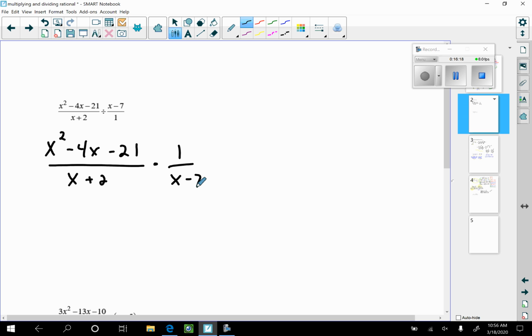And now I'm back to a problem that I started off with, and I have to try to factor this top. This is factored, and this is factored. Those are prime. So let's see if this factors. Are there two numbers that multiply together to equal negative 21 and add up to negative 4?